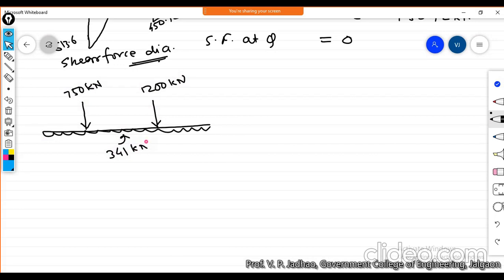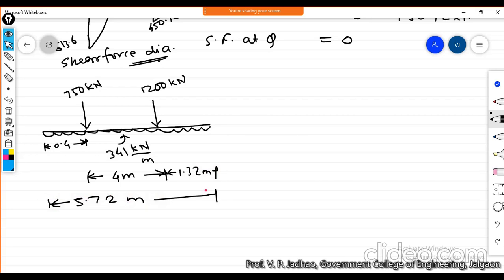This distance is 0.4 meter, this distance is 4 meter, this distance is 1.32 meter, and the total distance is 5.72 meter. We have to draw the bending moment diagram for this.